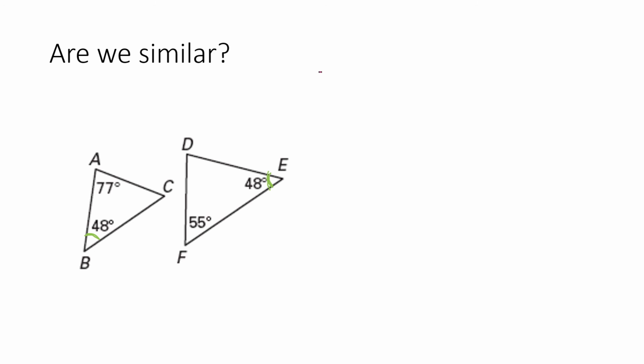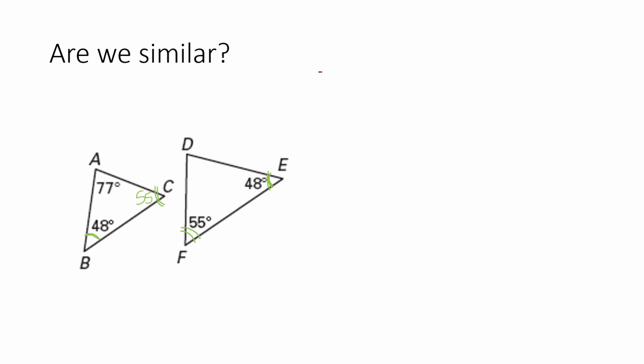But we could figure out the third angle in both triangles to figure out if we have other congruent angles. So if I were to figure out angle C, I would take 77 plus 48. That would give me 125. Then I would take 180 minus 125, and that would give me 55. So if you notice there, angle C would have to be congruent to angle F.